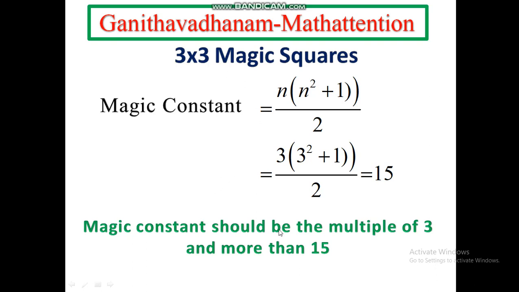A magic constant should be a multiple of 3 and more than 15, because the universal magic constant is 15. The method of universal magic squares I already dealt with; you can find it in my previous videos.